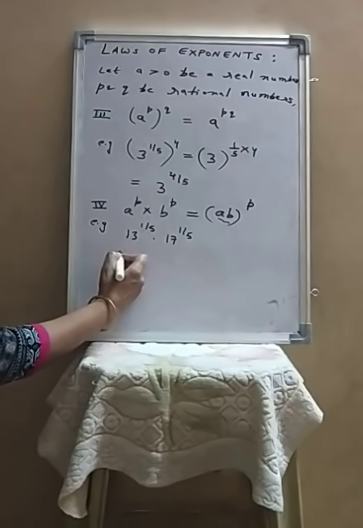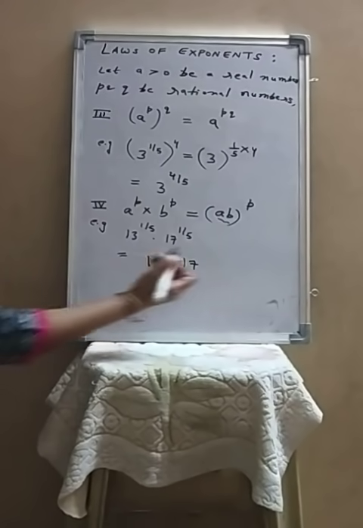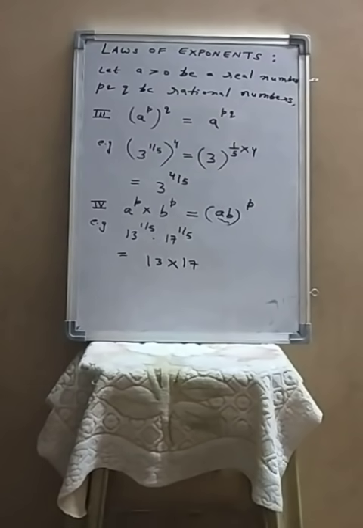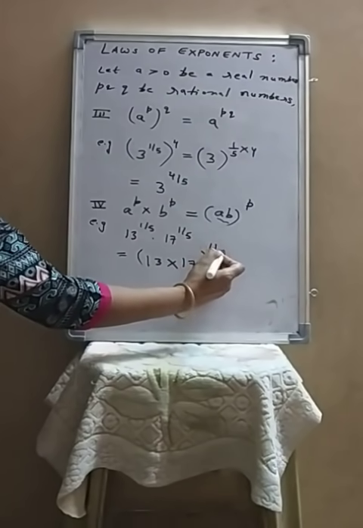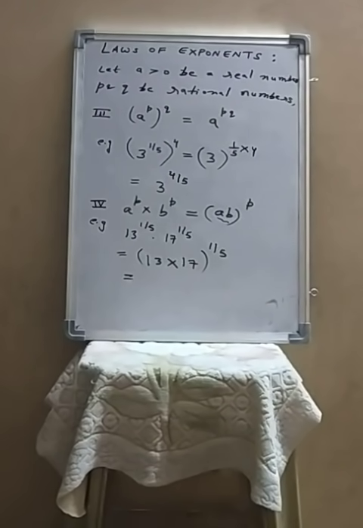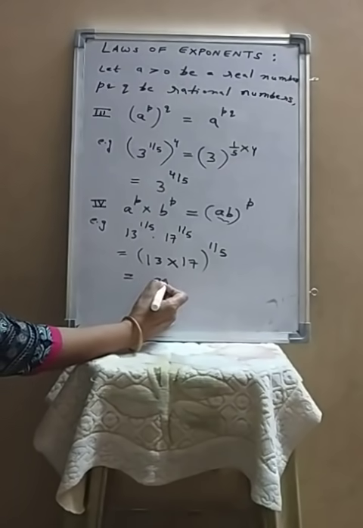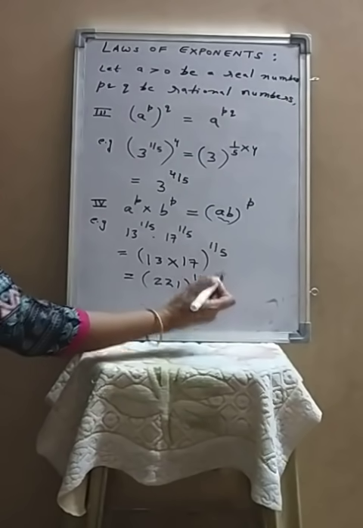So I can use this law and I can multiply these two bases. Here a is 13 and b is 17. And this is raised to the power 1 by 5. Now we can find the product of a and b. So 13 multiplied by 17 gives you 221 raised to the power 1 by 5.